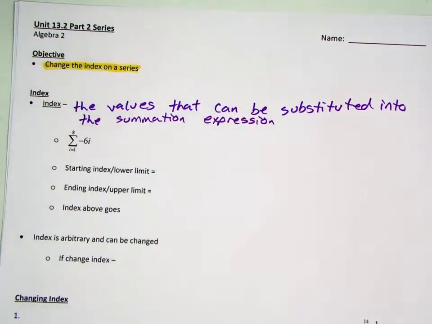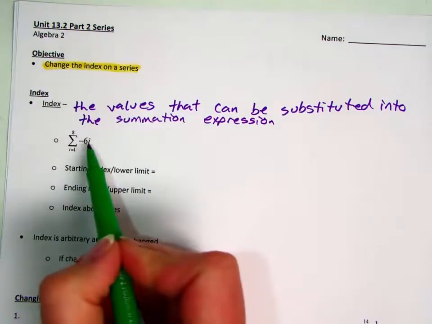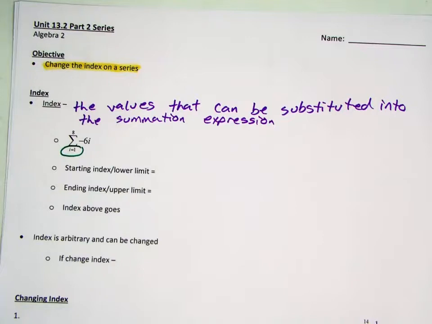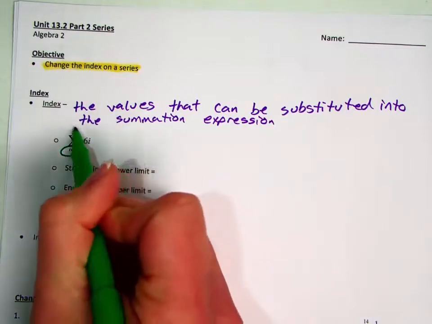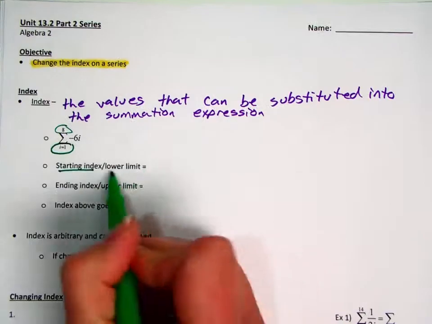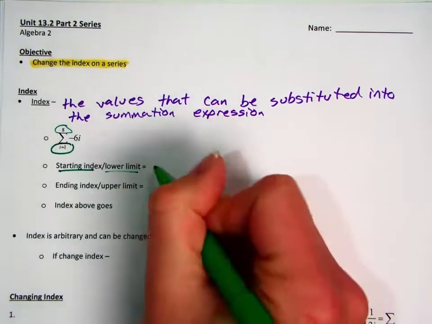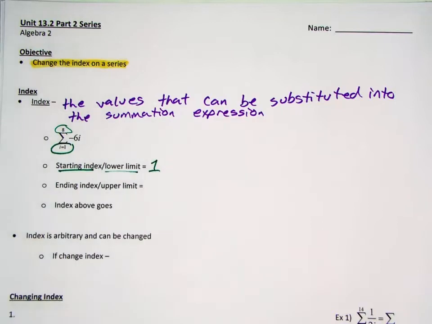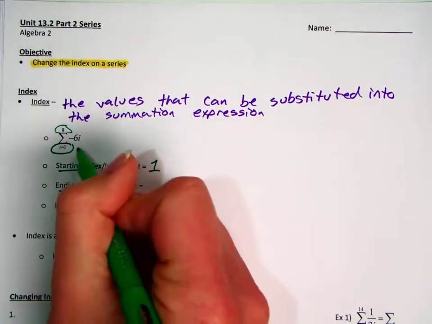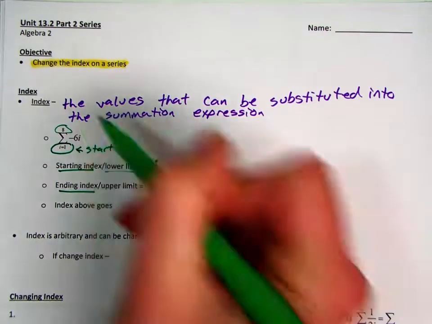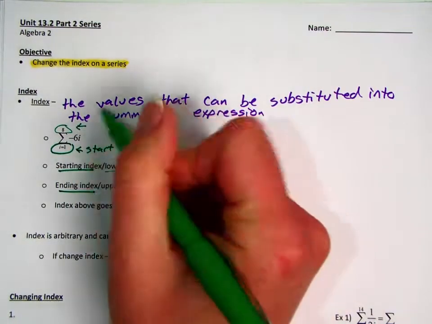If I'm looking at the summation here, the values that can be substituted in come from the value underneath the sigma and above. My starting index, or the lower limit, is 1 because that's the starting amount. The ending index is 8. It's the upper limit, the highest that you can put in there.